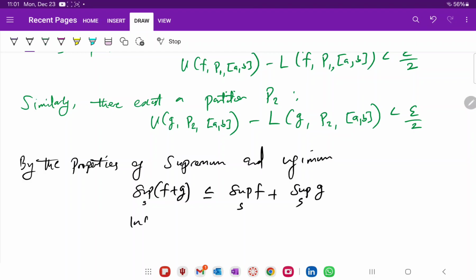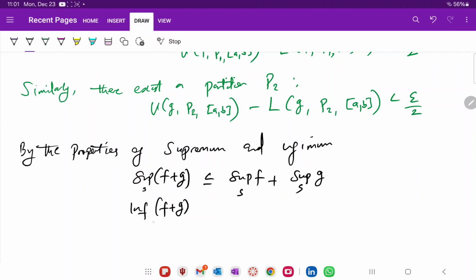Then also the infimum the other way: inf of f plus g over x is greater than or equal to the inf of f over x plus inf of g over x.